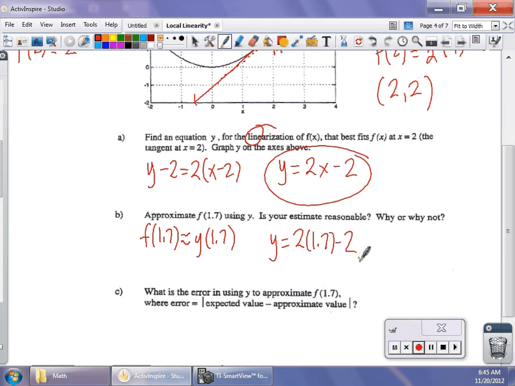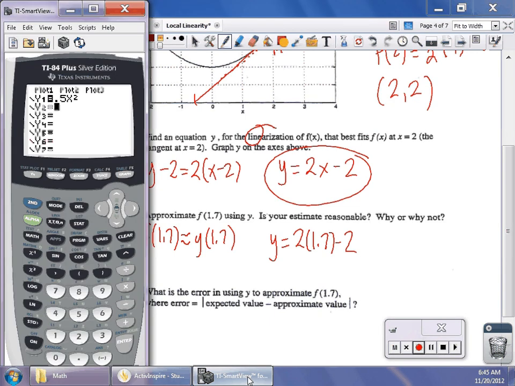Okay, so I also want to put that equation into my calculator. I already have the parabola in my calculator, so I'm going to put in the equation of my tangent line, 2x minus 2. And let's take a look at that in the calculator. All right, so you see the same thing that we're finding here.